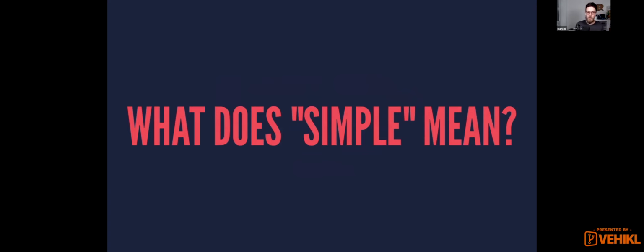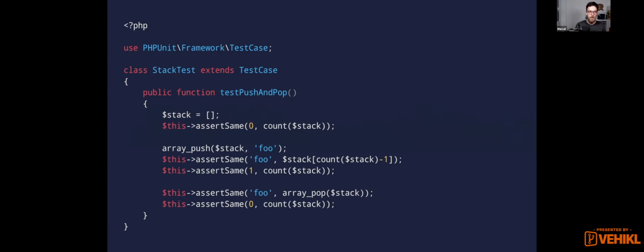So what actually is simple? What does simple mean if we talk about simplicity? This is the very first code snippet that you see on the PHPUnit website if you want to inform yourself about what PHPUnit is and how it works. If we take a look at the code, I think it is fairly easy and simple to understand.